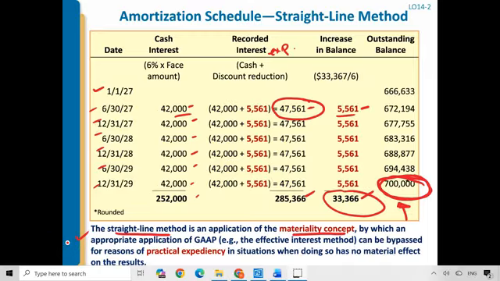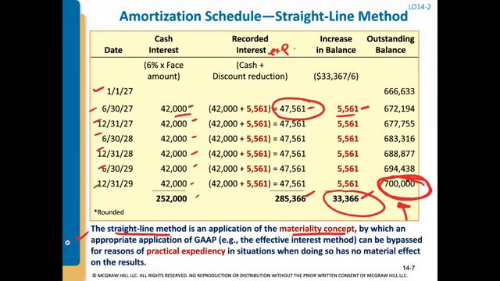There's a note at the bottom of the slide that says the straight line method is an application of the materiality concept by which an appropriate application of GAAP, like the effective interest method, can be bypassed for reasons of practical expediency in situations when doing so has no material effect on the results.